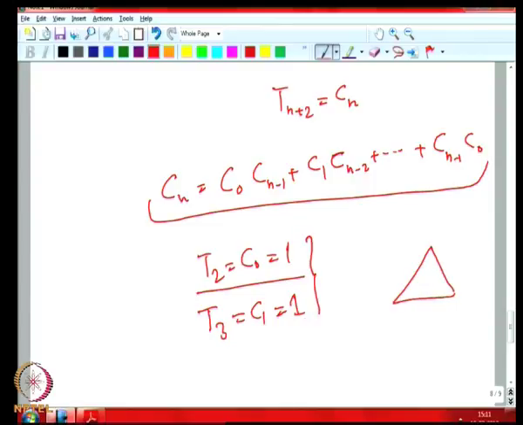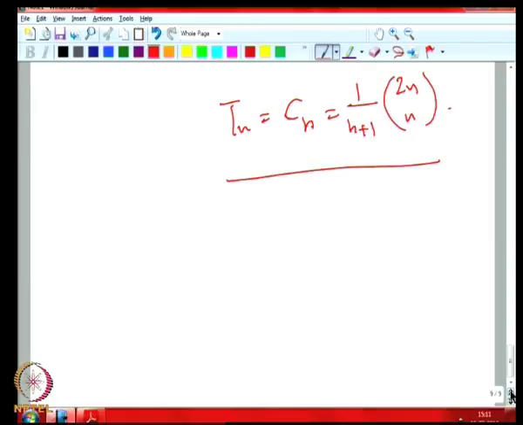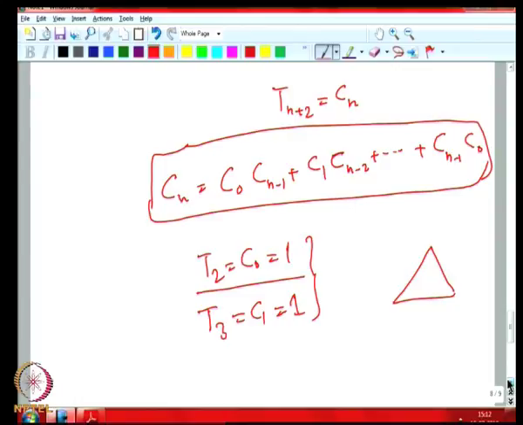The initial conditions and the recurrence relation being the same, this Tn is going to be equal to our nth Catalan number, namely 1 by n plus 1 into 2n choose n. So, we stop the discussion of Catalan numbers with this last example, that is it.